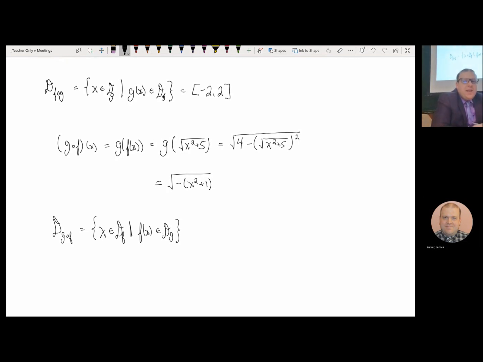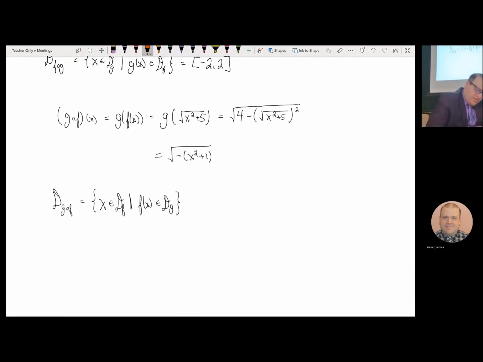We want values in the domain of f that make f in the domain of G. In other words, we want -2 to be less than or equal to square root of x squared plus 5 to be less than or equal to +2.